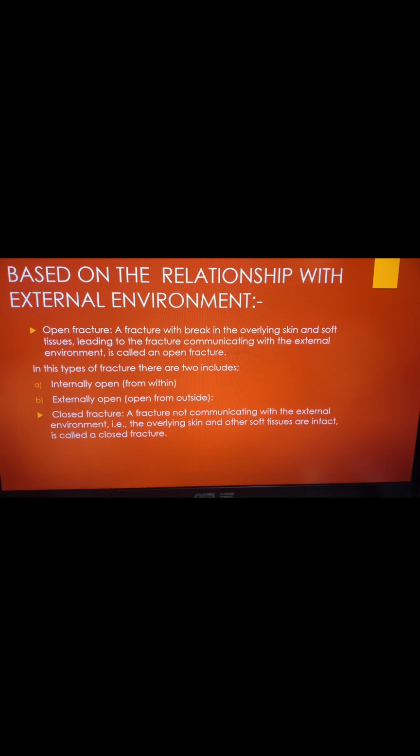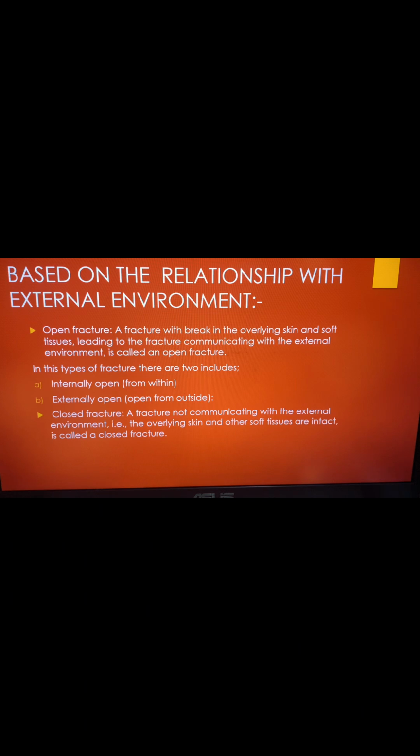the external environment. In this type of fracture, there are 2 types: the internally open and the externally open. The internally open basically means the fracture which is within the body, and externally open is the fracture which is outside the body.